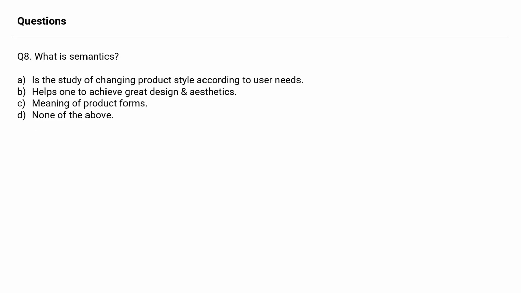Okay. Let's go to our eighth question. What is semantics? Is it the study of changing product style according to the user needs, does it help one to achieve great design and aesthetics, meaning of product forms, or none of the above? Semantics.